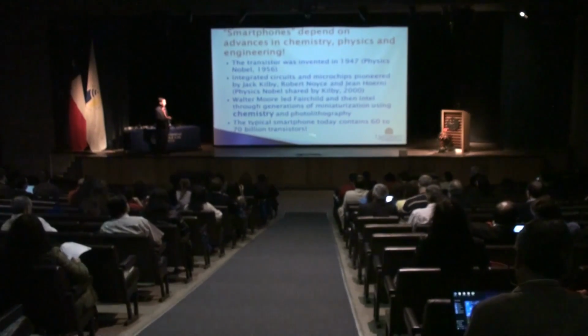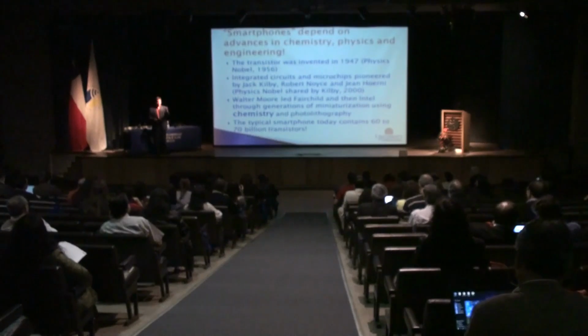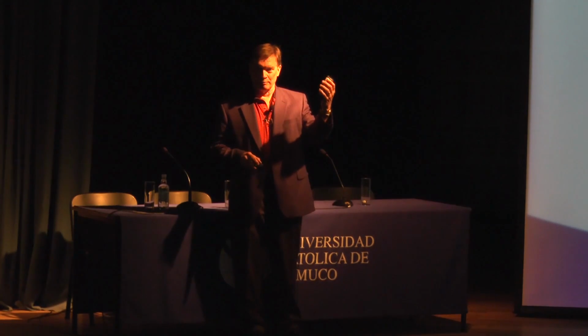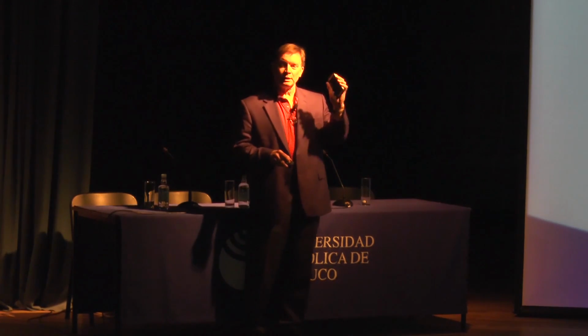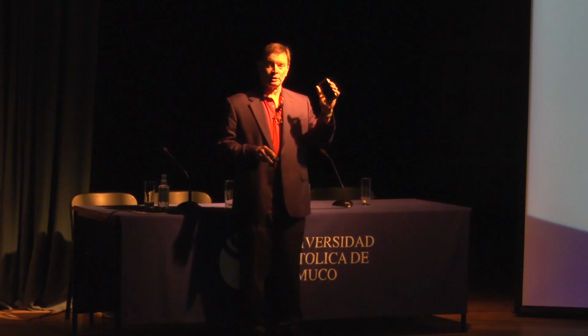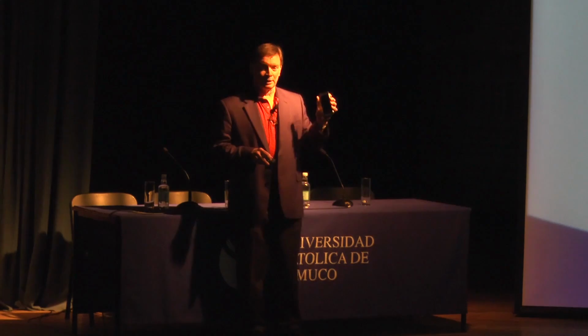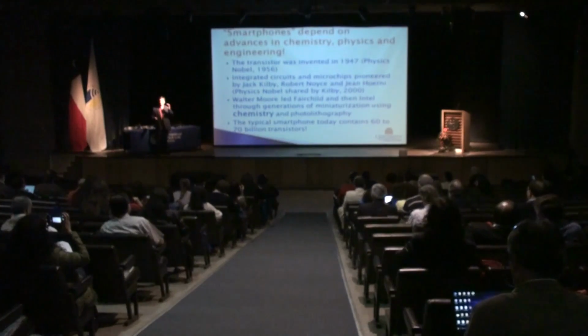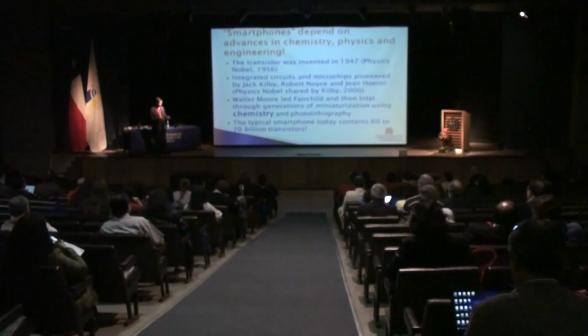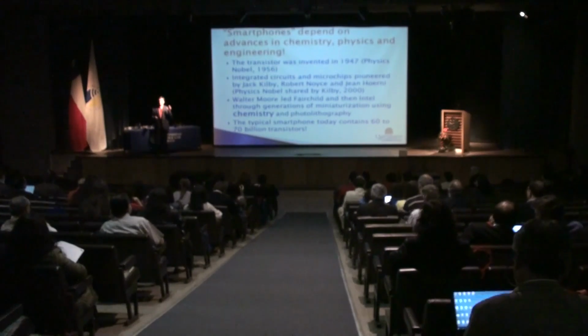And the typical smartphone, which we carry around, now has between 60 and 70 billion transistors that you can hold in your hand. It's just stunning. 16 gigabytes of memory is about 64 billion transistors, and there are 5 billion more on the processor itself. So they're incredible devices.